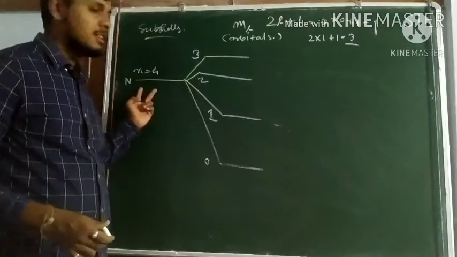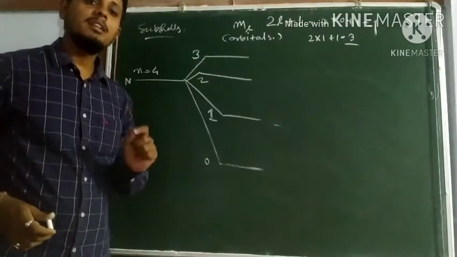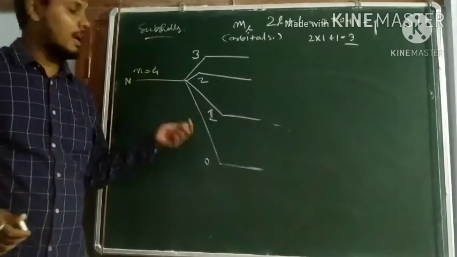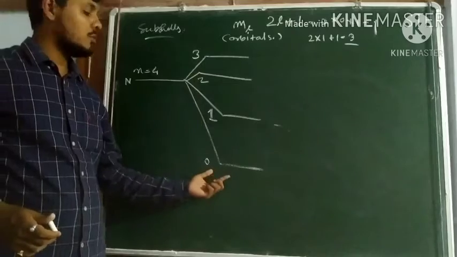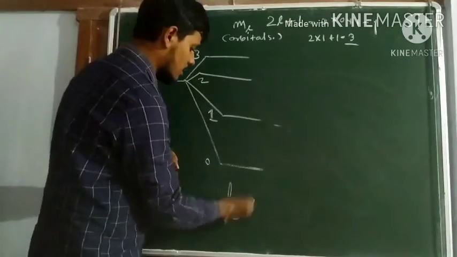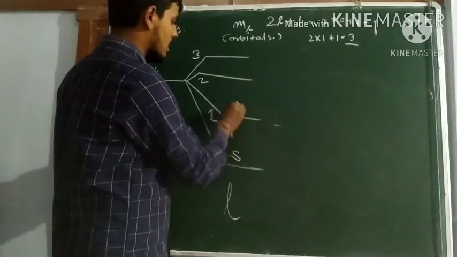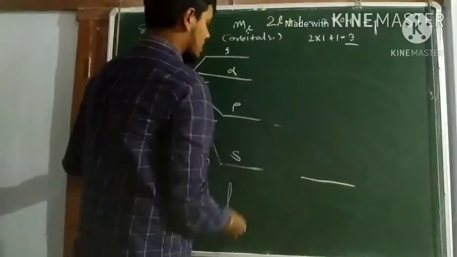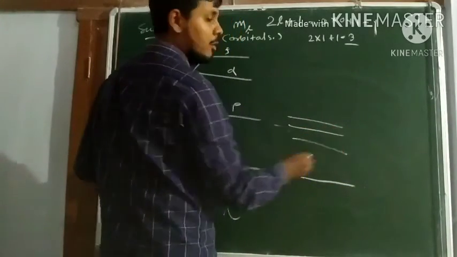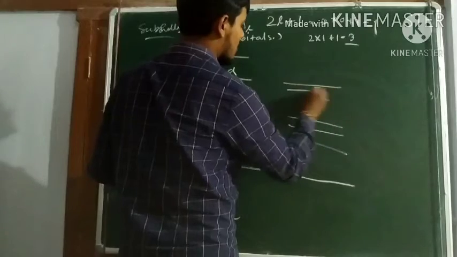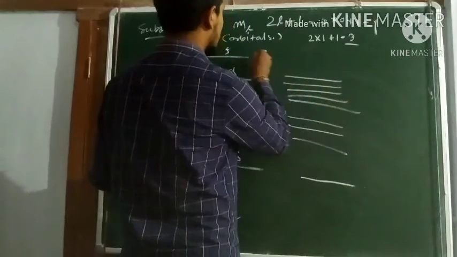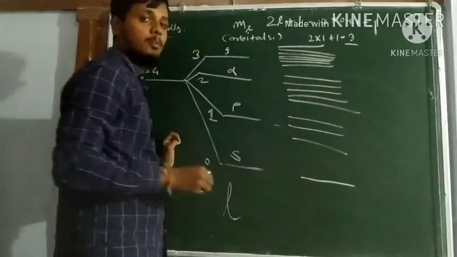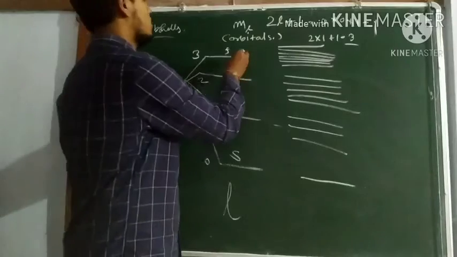Now let us see the orbitals present in the N shell. For the N shell, small n is 4 and l is 0, 1, 2 or 3, that is the s, p, d and f subshells. If it is an s subshell, there is only one s orbital; if p, three p orbitals; if d, five orbitals as already discussed; and if f, seven orbitals.